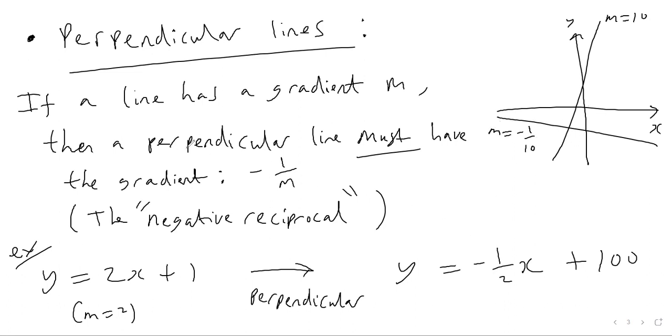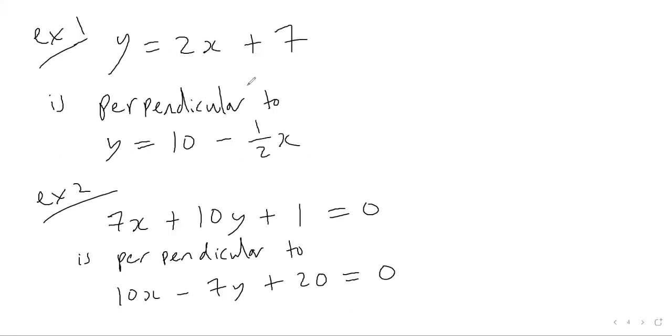So the key thing is that this rule, the negative reciprocal, gives the gradient of a perpendicular line to an equation with a gradient of m. That's how you can determine whether a line is perpendicular. So we've got a couple of examples here.